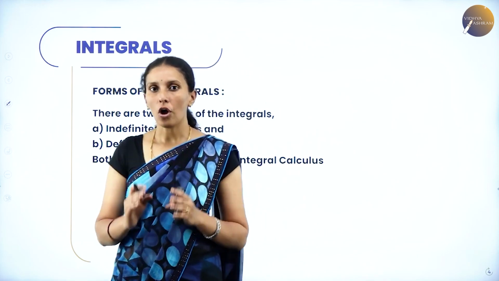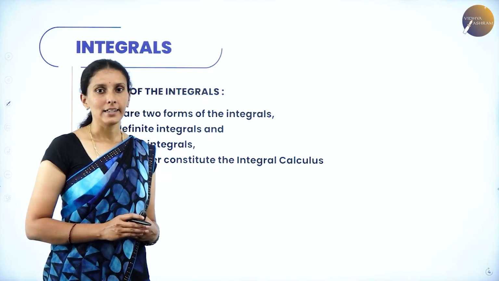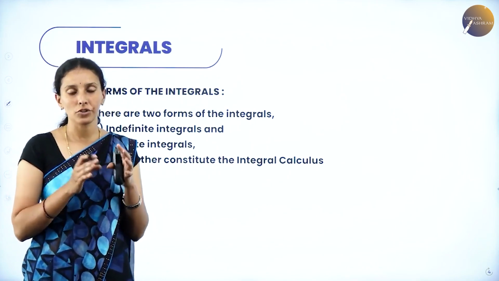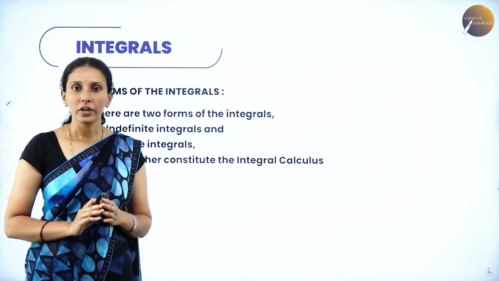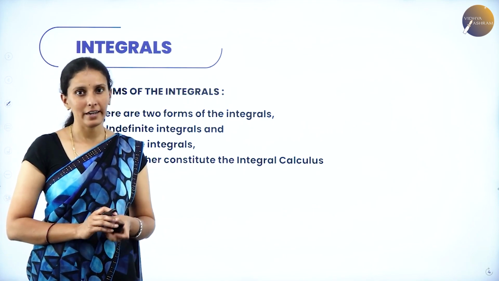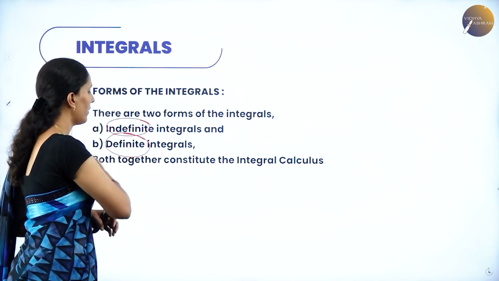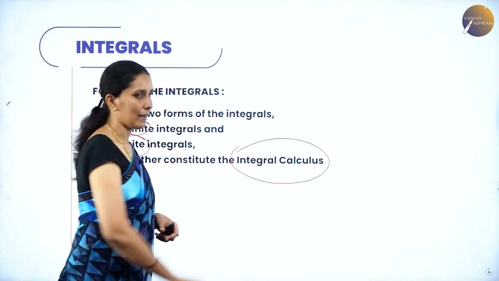Indefinite integrals always end with the constant, which we will study later, and definite integrals will be exactly the function given under the different conditions where we can find the original function of a given derivative. And both of these, indefinite and definite, constitute integral calculus.